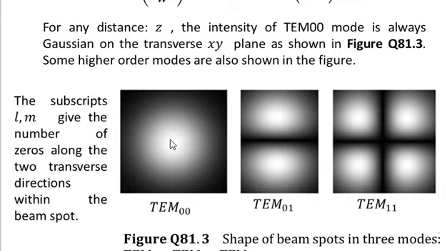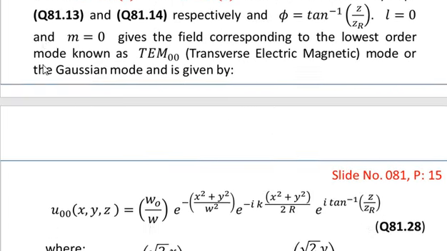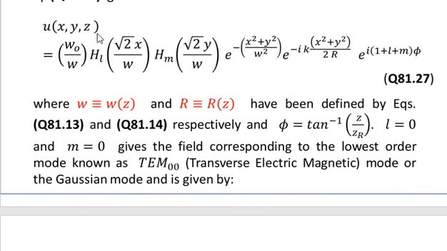I have discussed the profile of the beam as Gaussian, and how we can find out the radii of curvature, that is R as a function of z, and similarly w as a function of z. These expressions have been derived. I have also calculated the field u as a function of x, y, z at the output plane using a general optical system shown in the appendix.